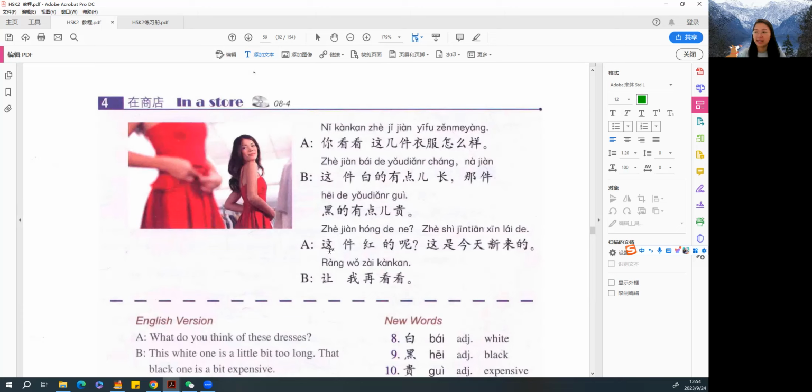And then A says 这件红的呢, so what about this red one? 这是今天新来的, 新 means new, come to here.